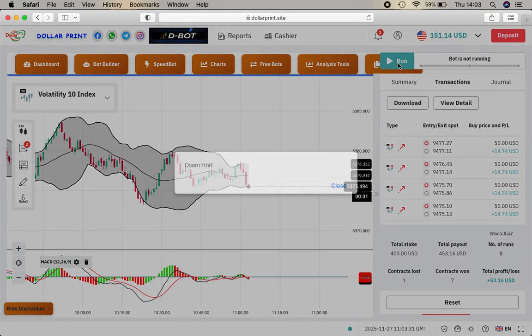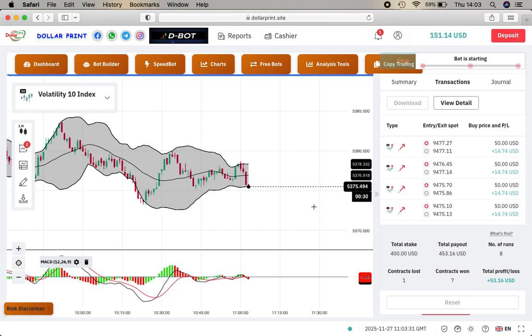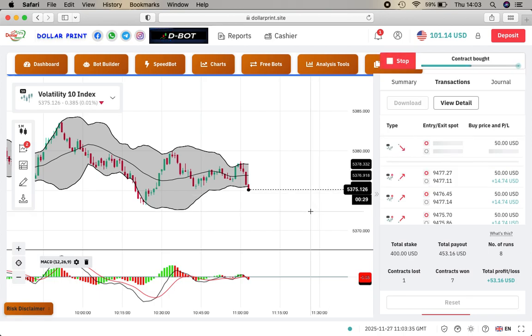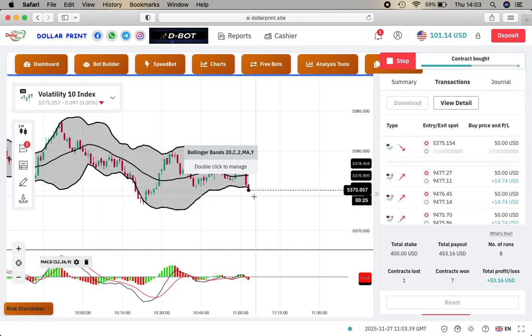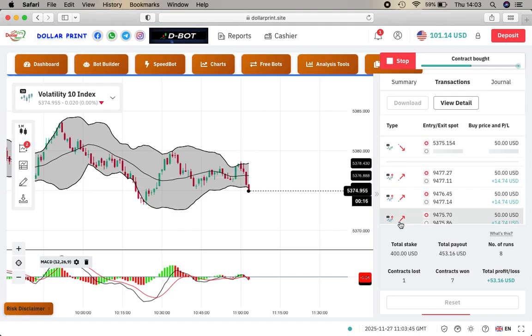Come to the charts again to confirm the entry. You can see it is still on lower. Run your bot like that, because the candlesticks are below this lower band. That means the market is on a good downtrend, guys. It will be very easy to make some money. You can see, just take the payout, guys. Very nice.